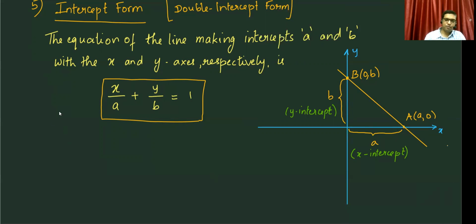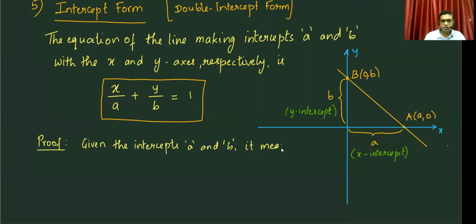So proof. Given the intercepts A and B, it means the line passes through (a, 0) and (0, b).